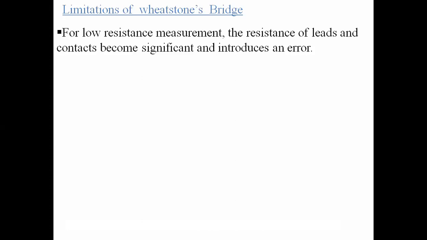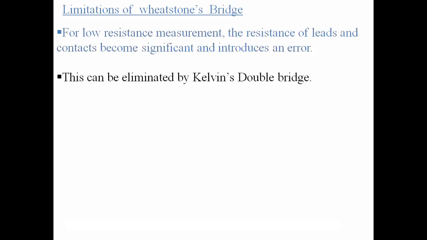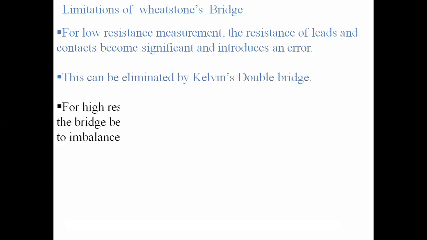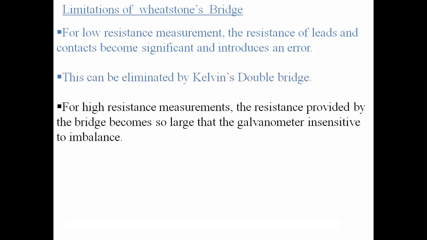So it does not show the actual value of the unknown resistance, and this can be eliminated by using a Kelvin's double bridge. So the error caused by the resistance of leads and contacts is eliminated by Kelvin's double bridge. Similarly, for measurement of high resistance, the resistance provided by the bridge becomes so large that the galvanometer is insensitive to imbalance.